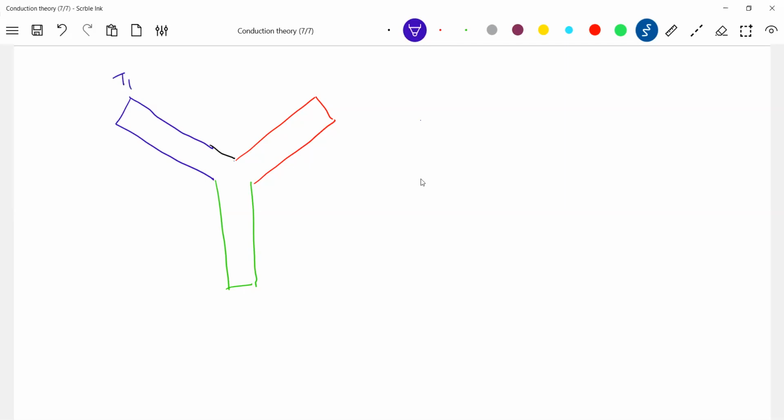The temperature of this end be T1, this is T2, this is T3. I want the temperature of the junction. The length of this rod be L1. All rods, let them have the same area of cross section. This is L2, this is L3. The materials, let them be K1, K2, and K3. How to calculate the temperature of this junction?